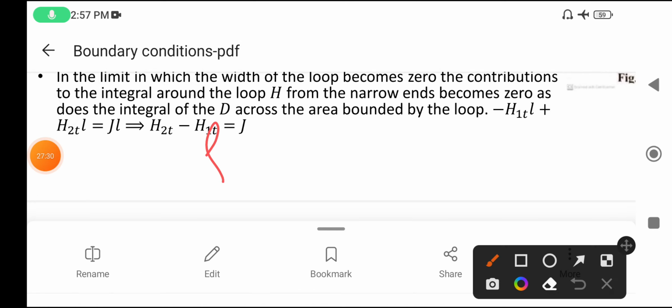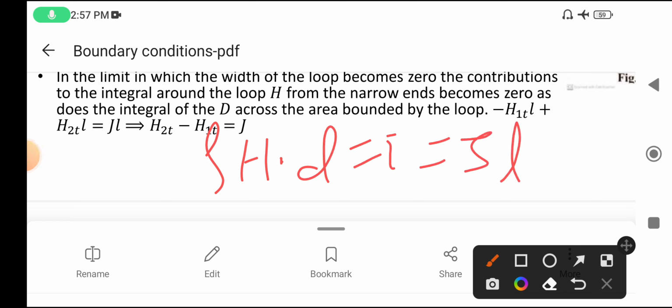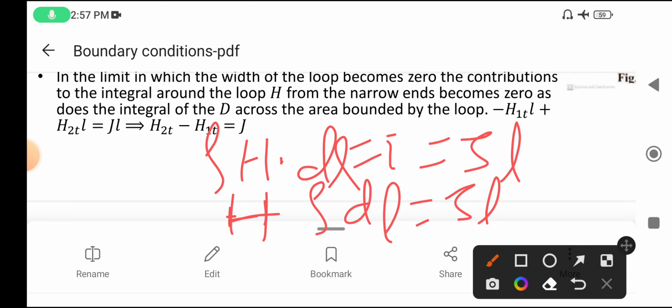The formula is integral H dot dl is equal to I, which is equal to J into L. So take H outside, integral dl is equal to JL.